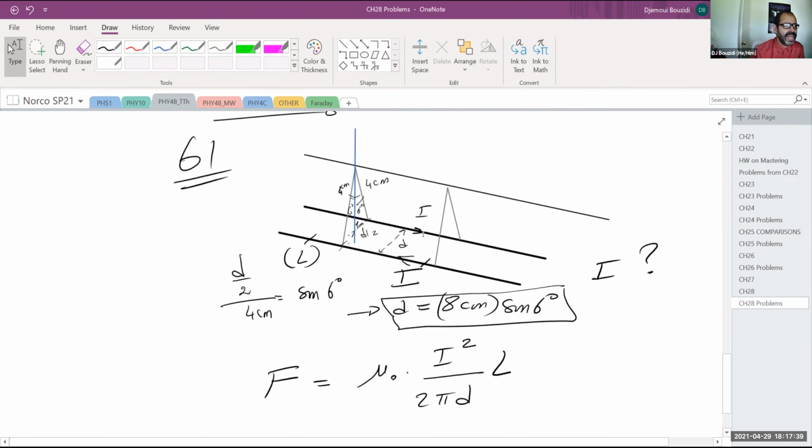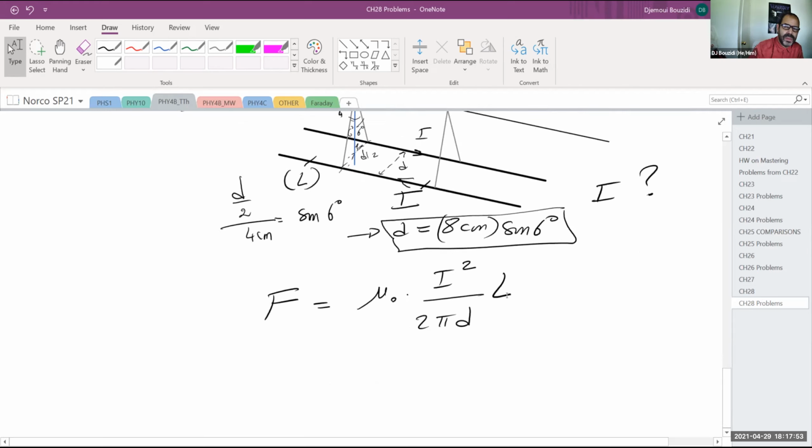Please do not confuse it with this L that was given. That length is for the suspending wire. It's not the length of the actual wire carrying currents, okay? So this L better not be part of the answer, or we have to find it, one of the two.